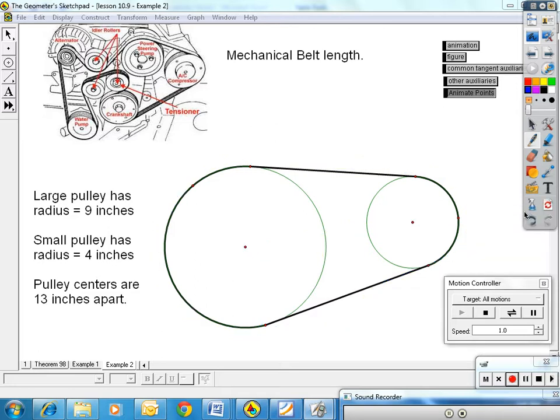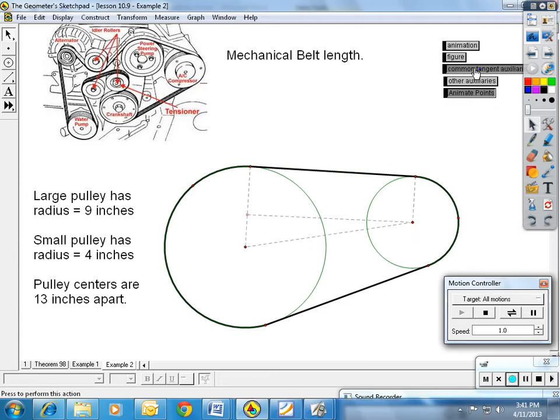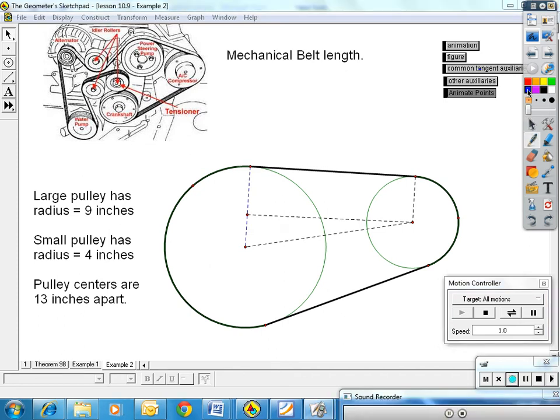Okay, well, we're going to use our common tangent auxiliaries. We've done that a lot to construct the following right triangle. Let's put in our values. We said that this entire distance was 9 and this distance was 4.